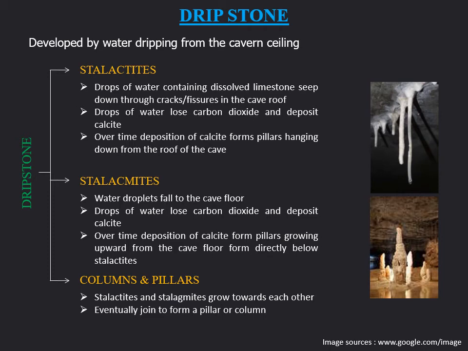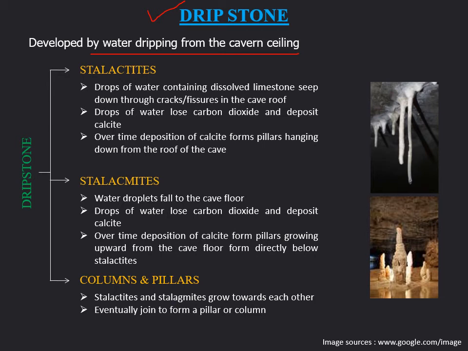One famous structure formed due to cave deposition of carbonates is known as dripstone. The name dripstone was given because these structures are formed by water dripping from the cave ceiling.